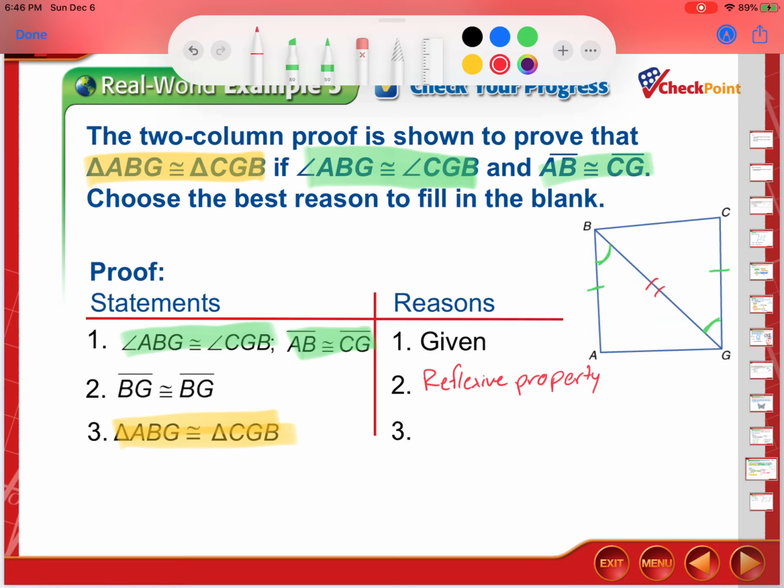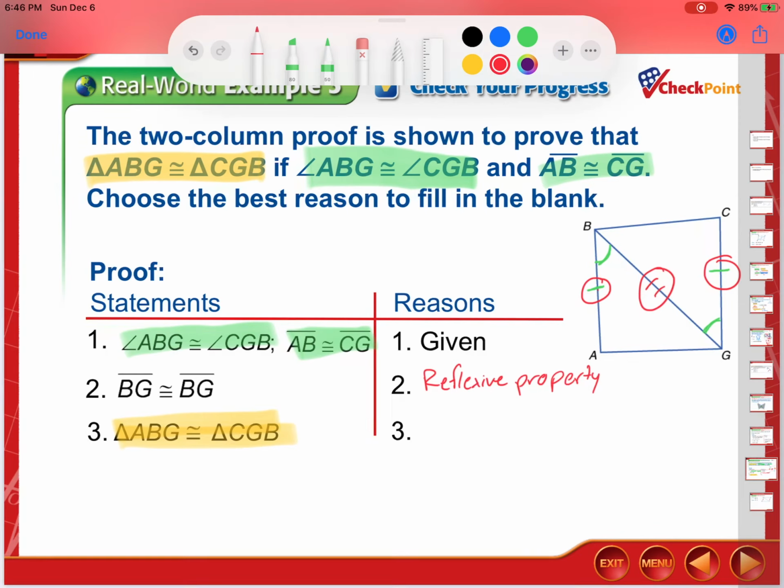So then our last statement, our proof statement, we need to use either side angle side or side side side. Well, we have two side lengths that are congruent in each triangle. We don't have three, we only have the two. But our included angle here, so between side 1 and side 2, I'm saying side 1 and side 2 as the number of hash marks they have.